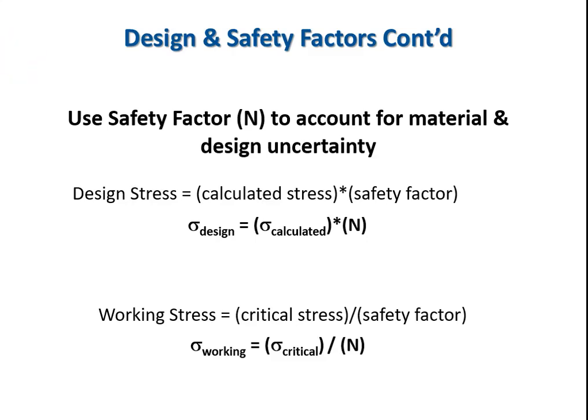So in this case, the design stress on the top is what you're designing the material to meet the calculated need. So a higher safety factor means you get a stronger material, and working stress means you're going from the basis of a material can take no more than a certain amount. You're dividing by a higher safety factor, which means the applied working load drops.